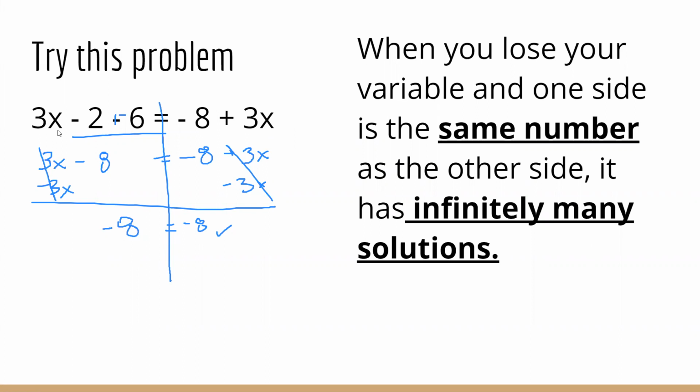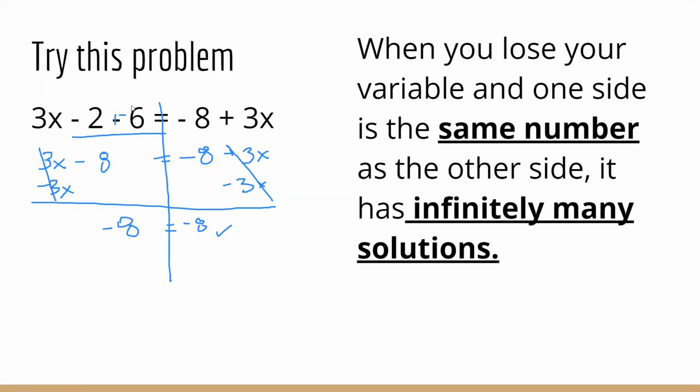So it has infinitely many. Infinitely means a ton, so big that you can't even count. Literally any number that I put in for x, it's going to work out because it's the exact same thing on both sides of the equation.